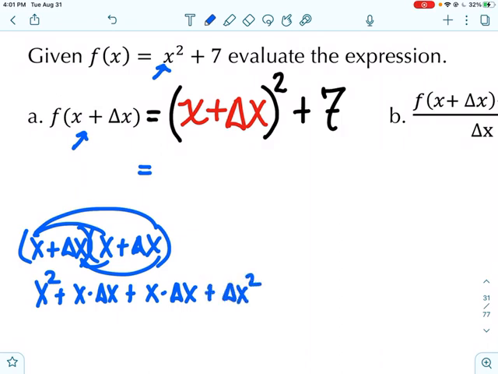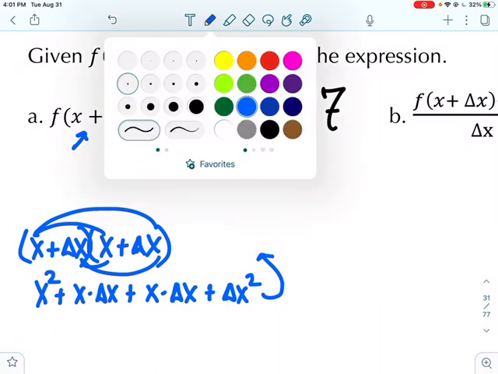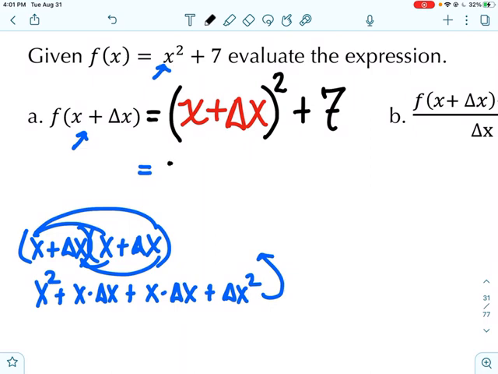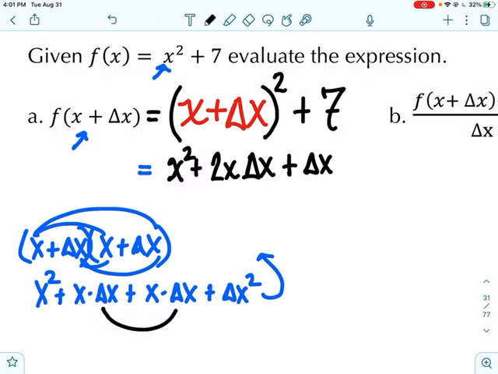So now we're going to simplify this. So this becomes then x squared plus 2x delta x. That's a product there. Plus delta x squared. See, all I did was add these and get 2x delta x.